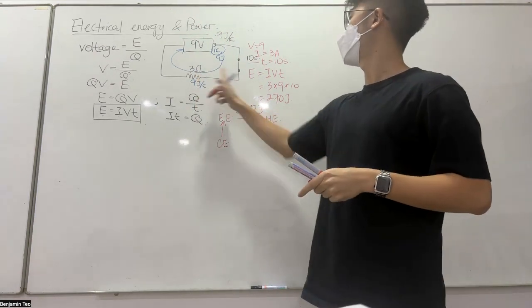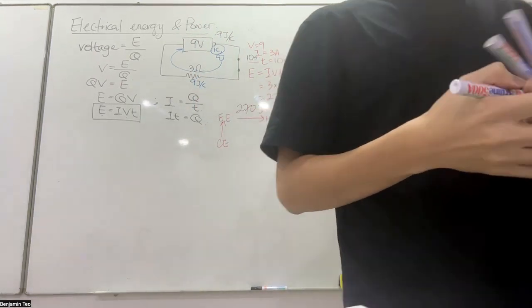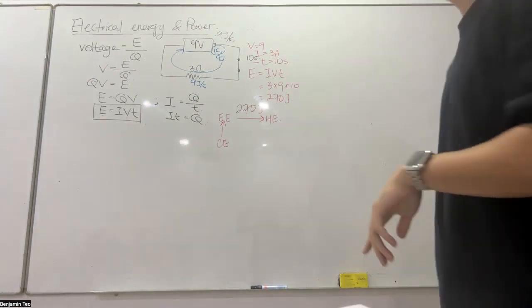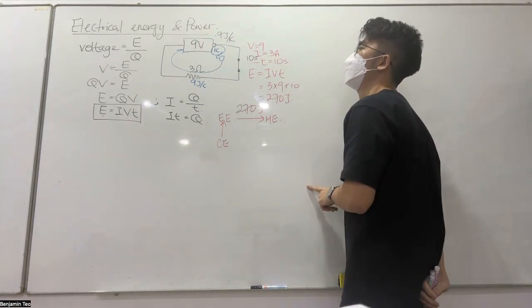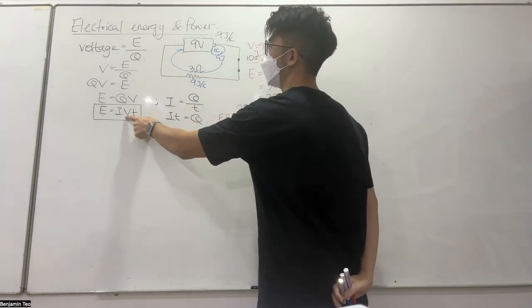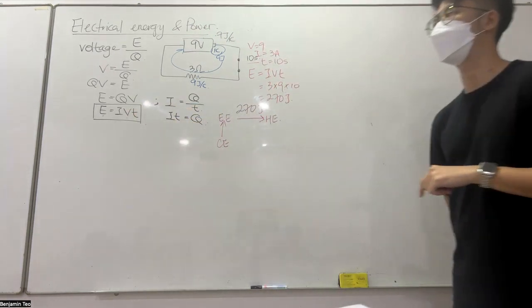The resistor will get all this 270. Okay, pretty straightforward calculation. This lets you find the energy.